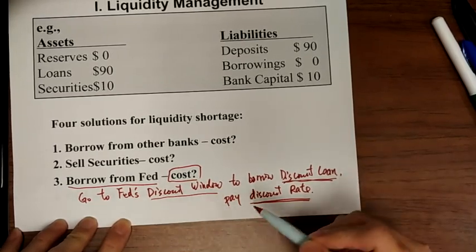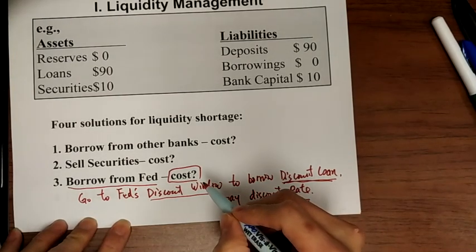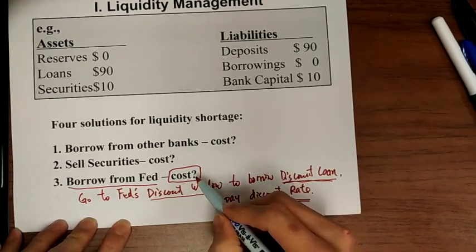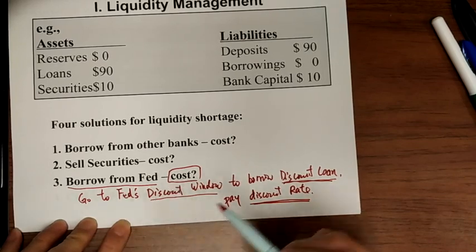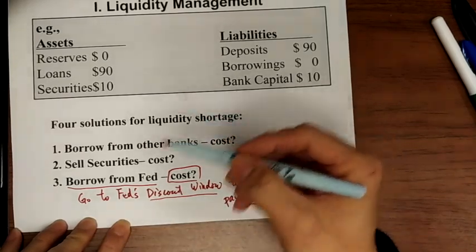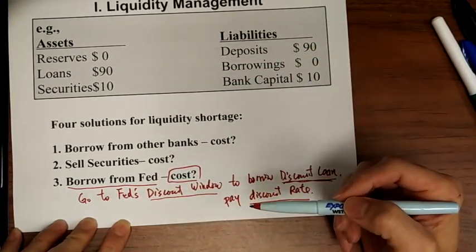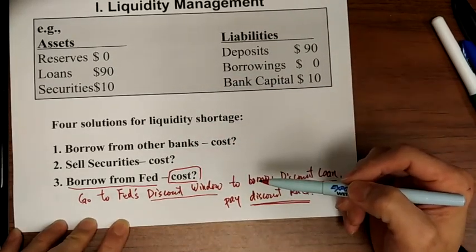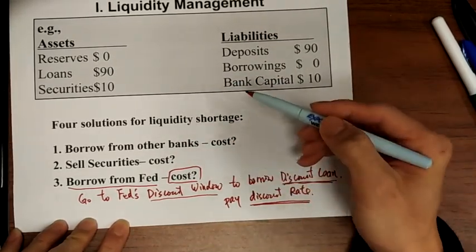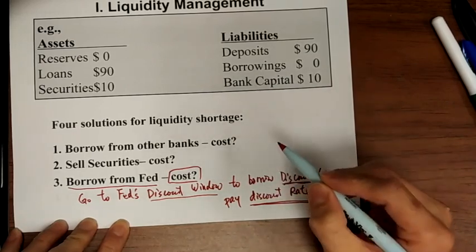In addition to that, the worst implied cost for borrowing from the Fed is the Fed is the commercial bank's boss. It is the regulator of the commercial banks. So if you go to your boss to borrow money, your boss knows that you are way too aggressive.